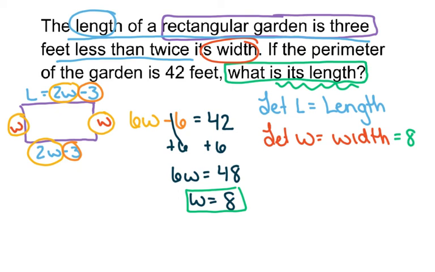So if we go back to that original equation where it says the length is 2W minus 3, we're going to substitute 8 in. So we're going to do 2 times 8 minus 3. 2 times 8 is 16, minus 3 is 13. And then don't forget your units.